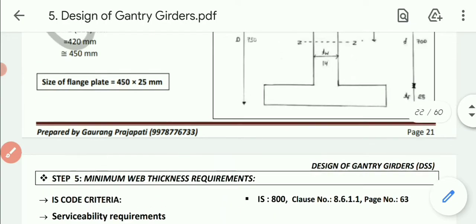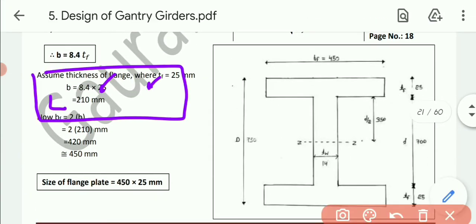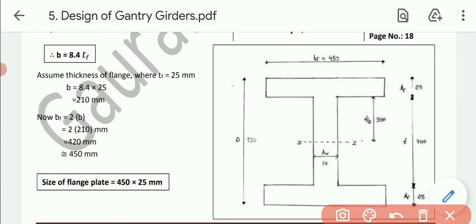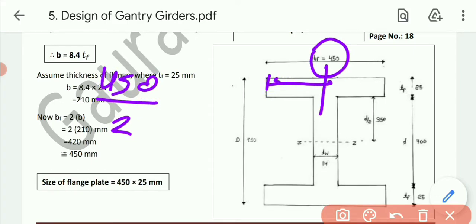Now next, we need to carry out x bar and y bar, the CG. As it is a symmetrical I section, this will be my x bar, that is bf by 2, we can say 450 by 2, it is 225.